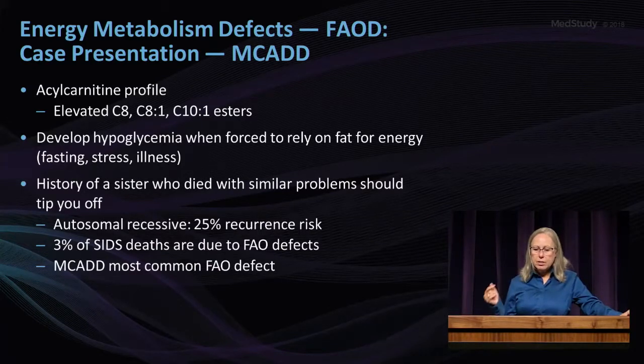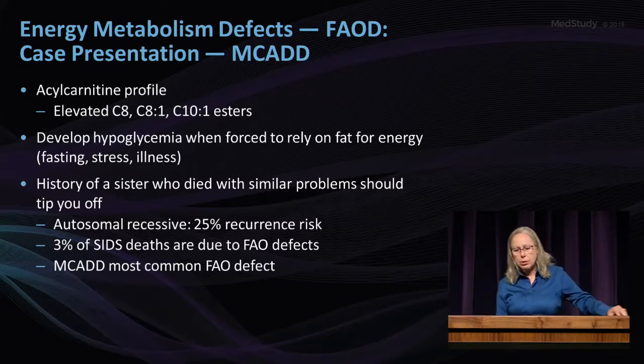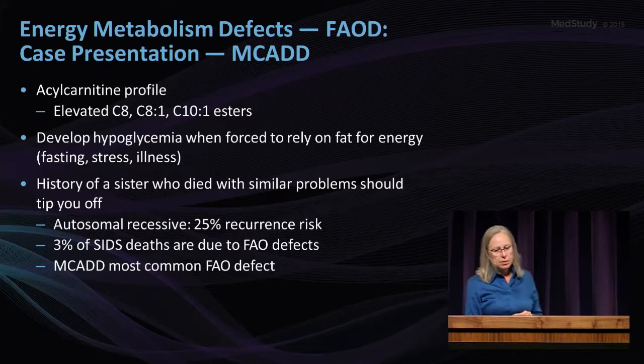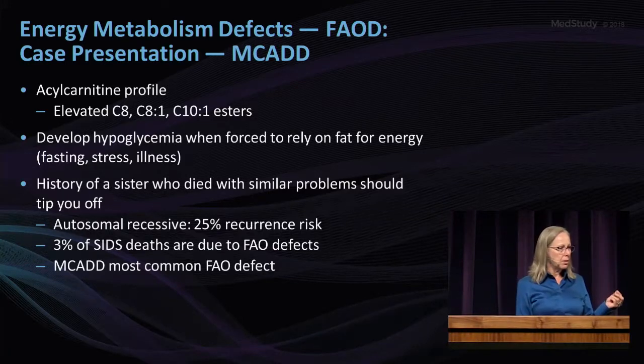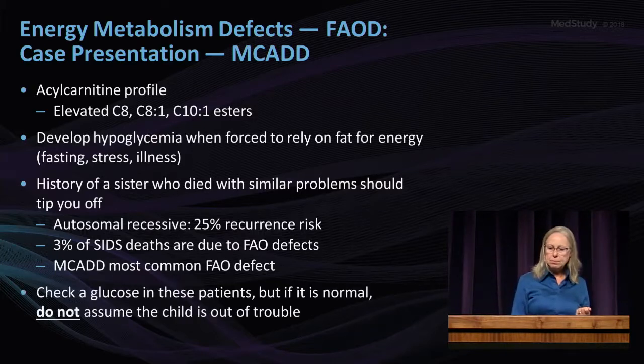And this history of a sister who died of a similar issue. It's an autosomal recessive condition, so it's a 25% recurrence risk, and 3% of SIDS are due to fatty acid oxidation defects. And MCAD is the most common of that group. So you always check a glucose, but if it's normal, don't assume that you're not in trouble.